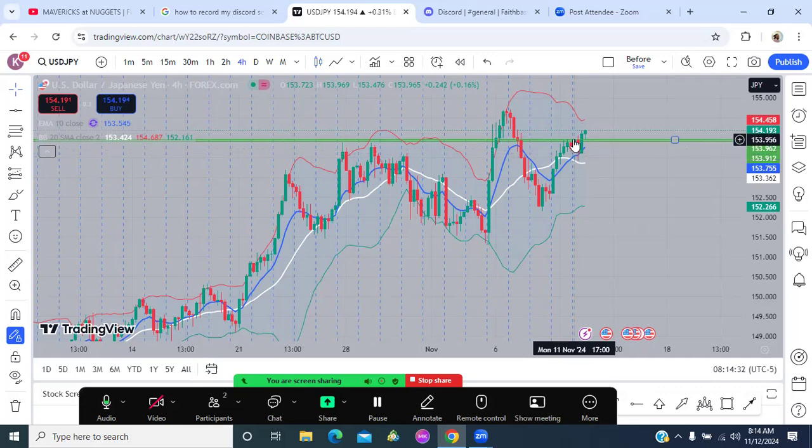It took off for 4 hours, then it pulled back, retested the same area. Now I expect this thing to go off for at least 1, 2, 3, 4, 5, 6 candles in a row, or for the next 24 hours straight. If you were from here, we're going to be making money for the whole day. And every time it pulls back, we're going to take another entry, all right?